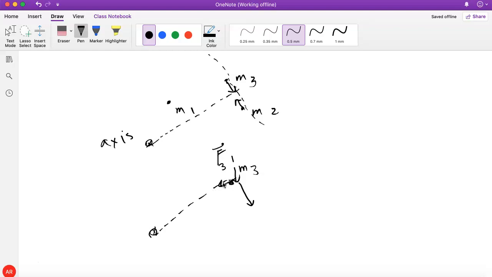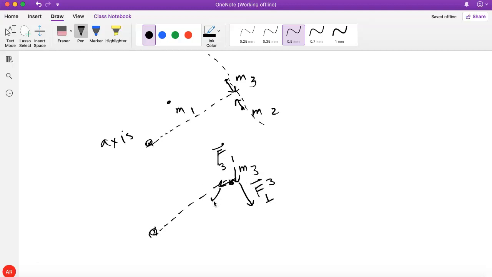The one that's in the direction of the arm doesn't contribute to the torque because it makes an angle 0 with the arm of rotation, and then the one that's perpendicular, let's call it F3 perpendicular, right?